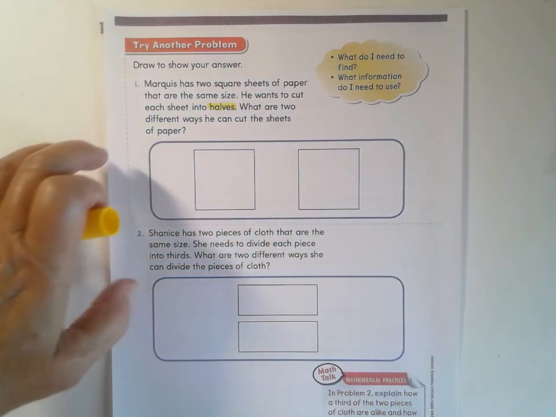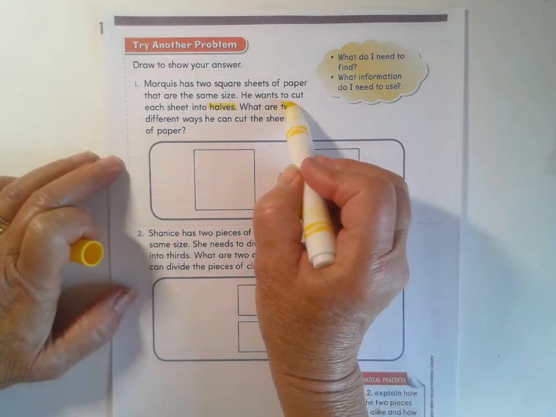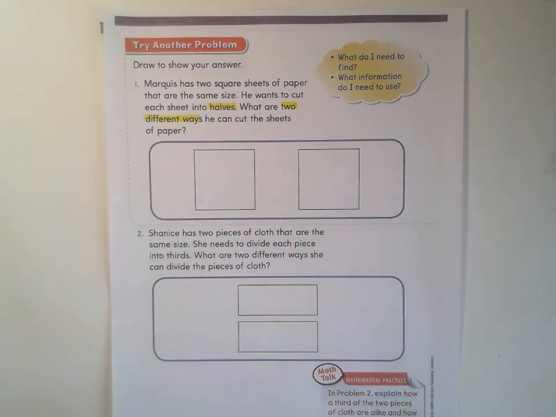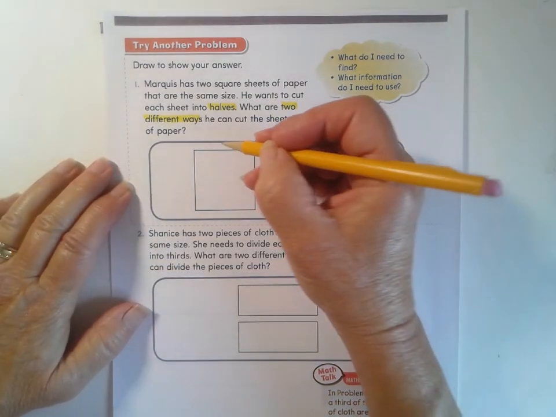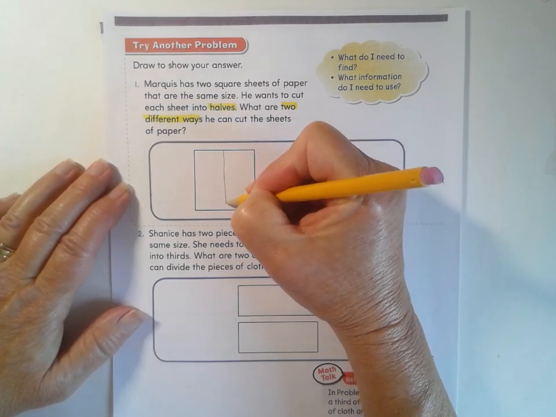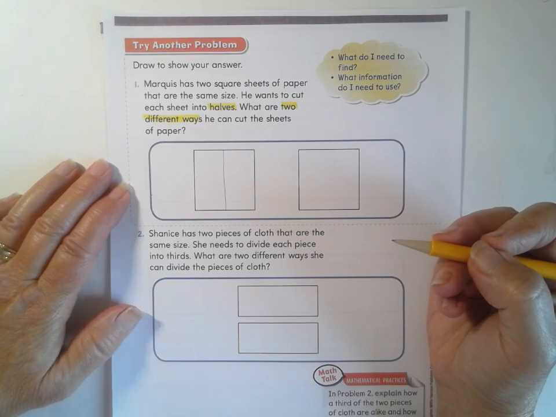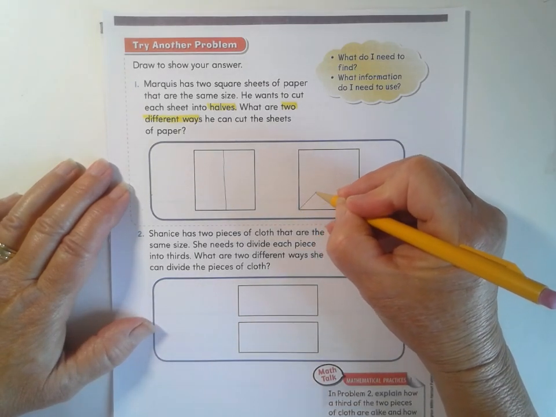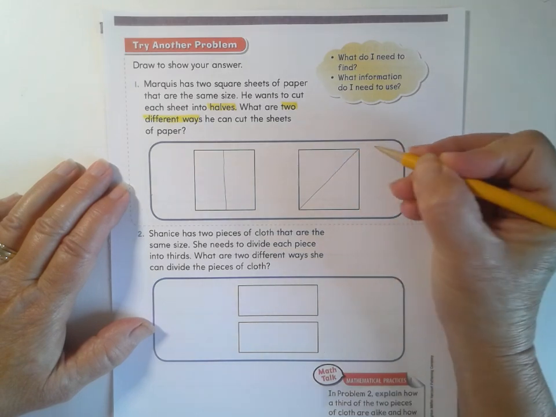And they want two different ways. So they can't be the same. So I know that I can divide it into halves this way. And I know that I could go from corner to corner and divide it into halves this way.